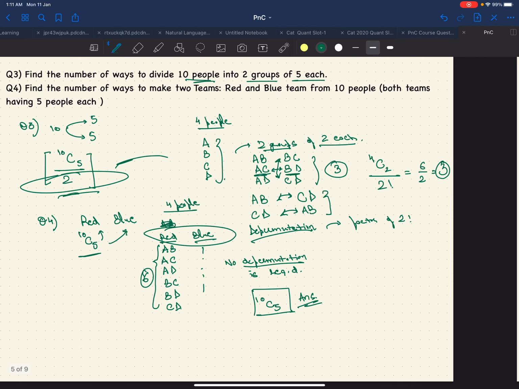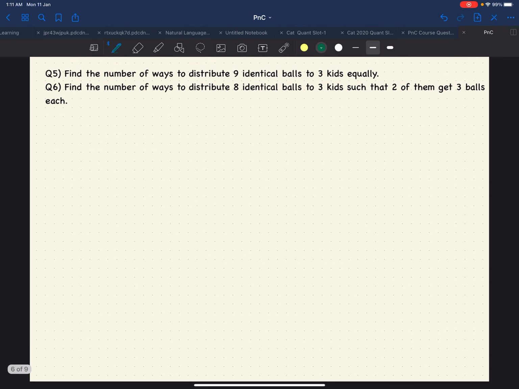Okay, looking at the next set of questions now. Find the number of ways to distribute 9 identical balls to 3 kids equally. So let's look at 3 kids, A, B and C. Kids are always distinct from each other.